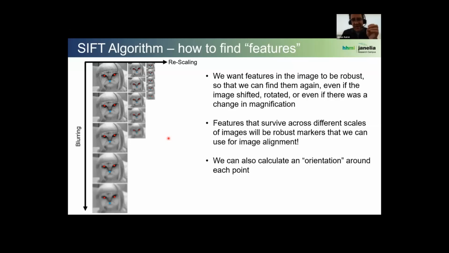At each one of these features, we can also calculate the gradient around that feature to infer an orientation of that feature, which is a little bit nebulous to think about.